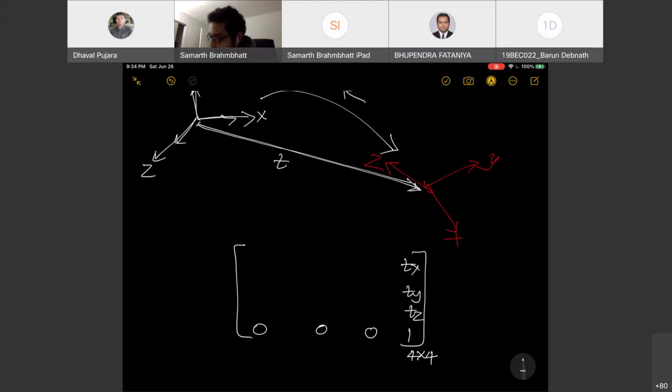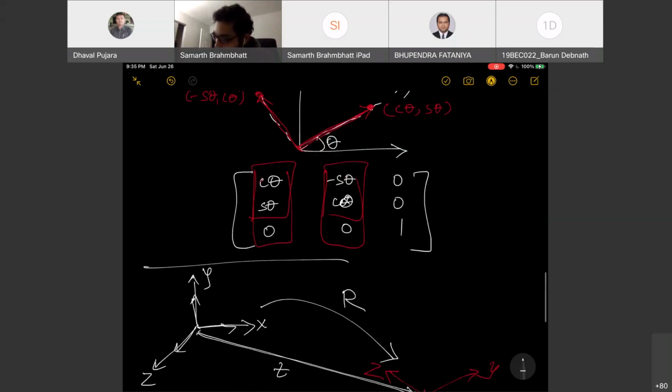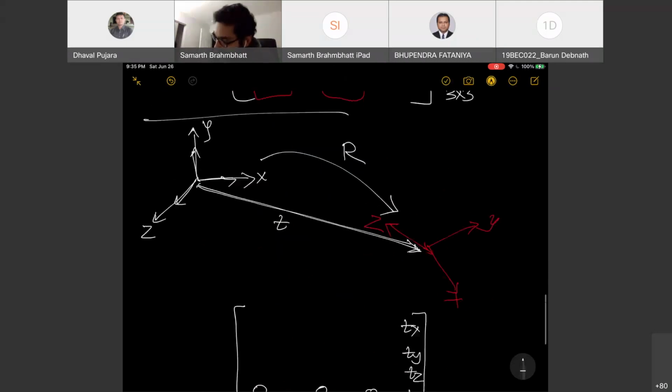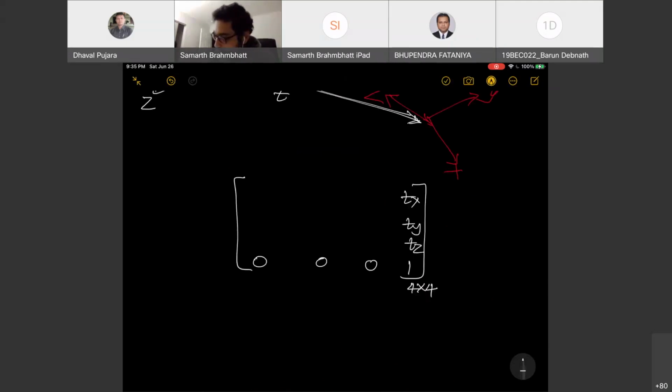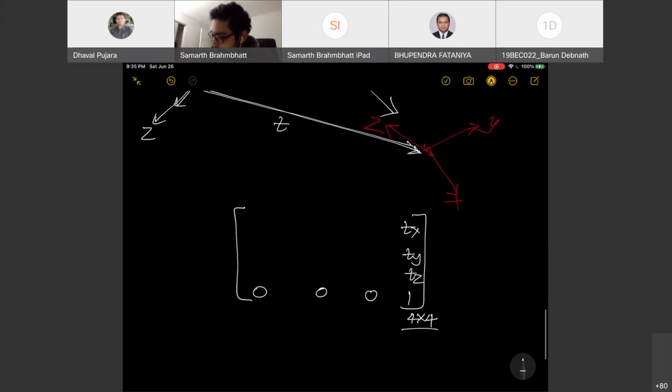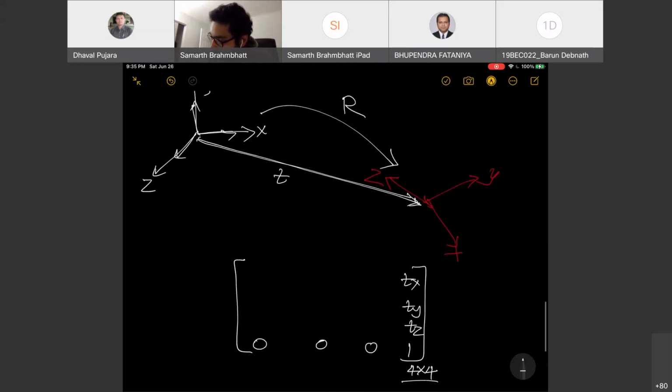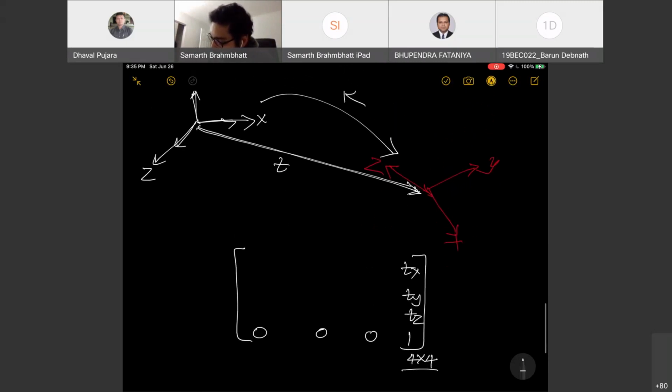Okay. So now, since we are in 3D, when we were in 2D, all our matrices were 3 by 3. Now that we are in 3D, all our matrices are 4 by 4, because when we write points here, we will say x, y, z, 1. This is the homogeneous representation in 3D.